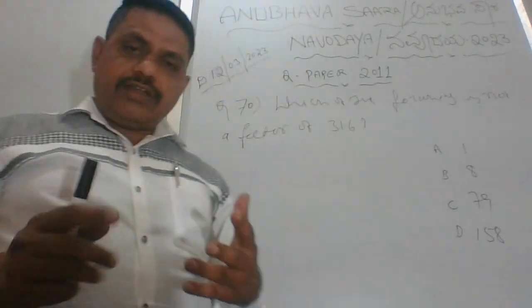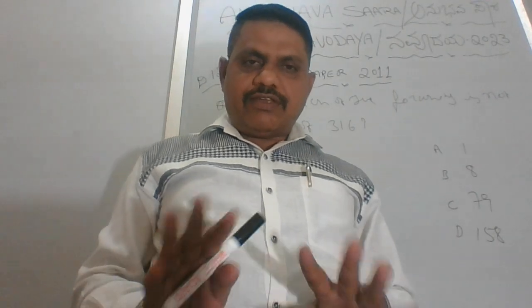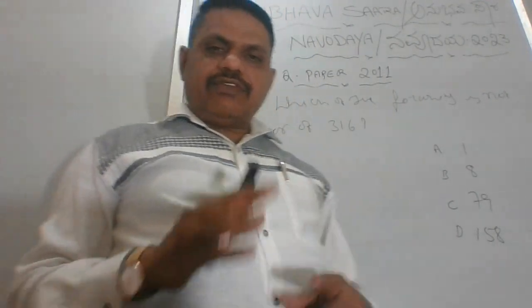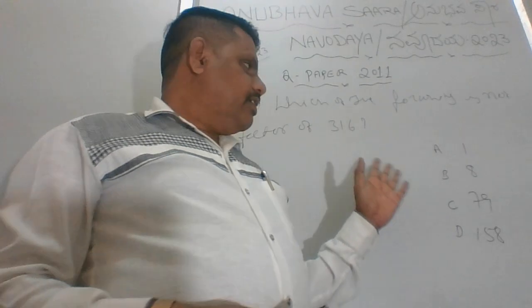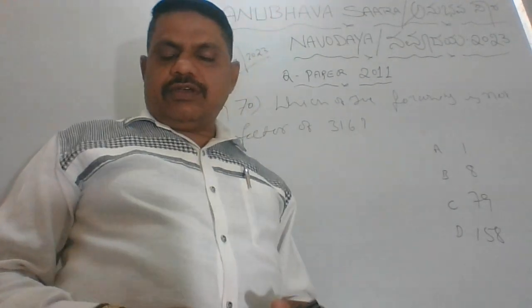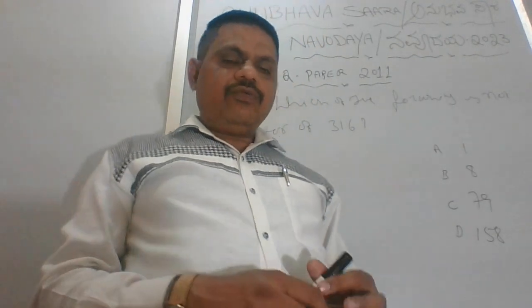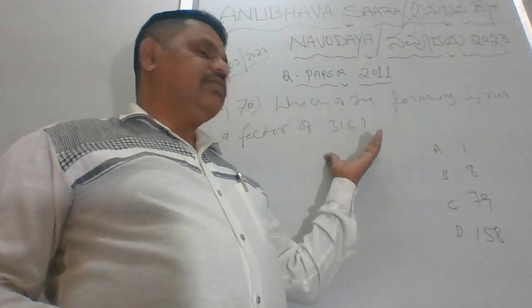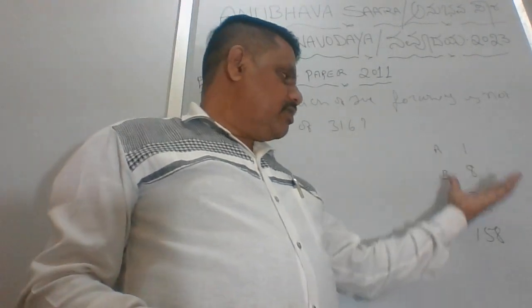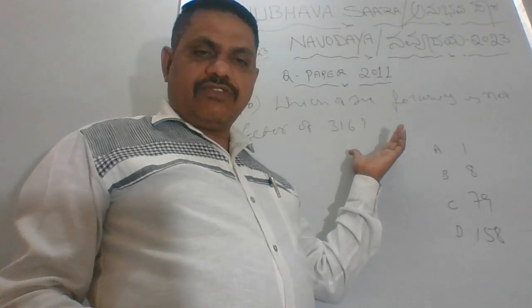Don't get confused when it comes to factors. It is not LCM or HCF. LCM and HCF are totally different from factors. Factors come in terms of division. Whenever you want the factors, you have to divide 316 by the number. Whichever number divides it is a factor of 316.